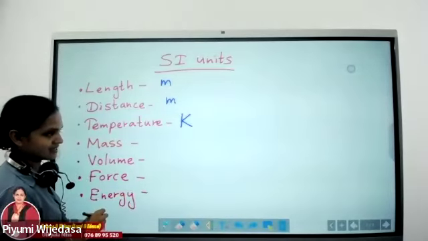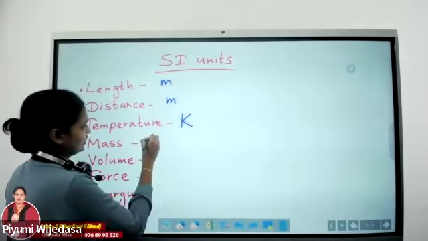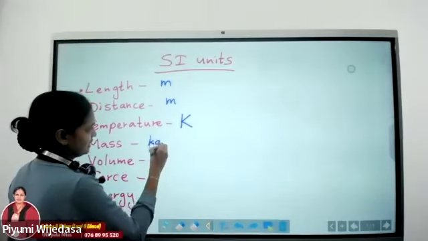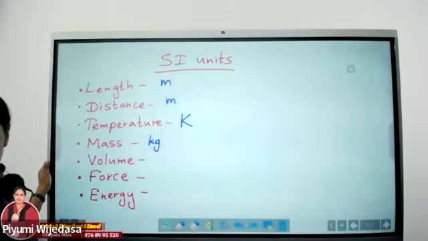Then what about the mass? Kg. Kilogram. Simple K. Simple G. Kg.